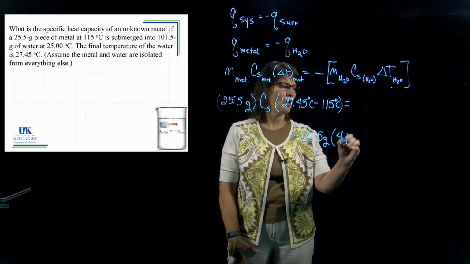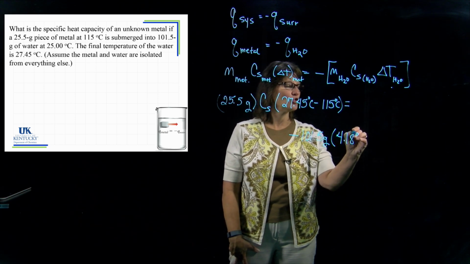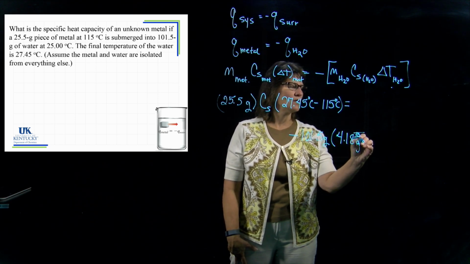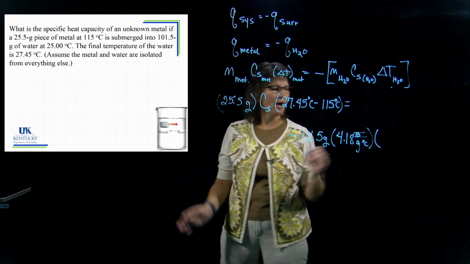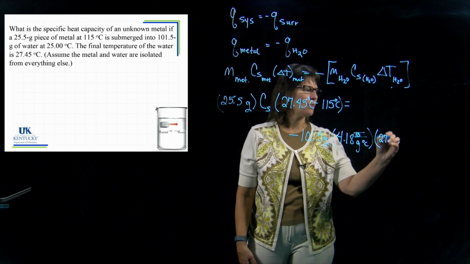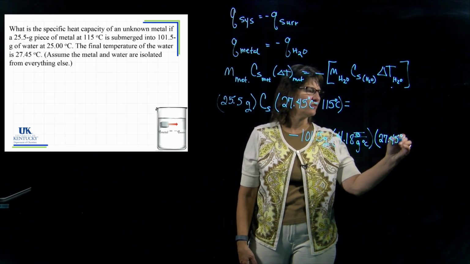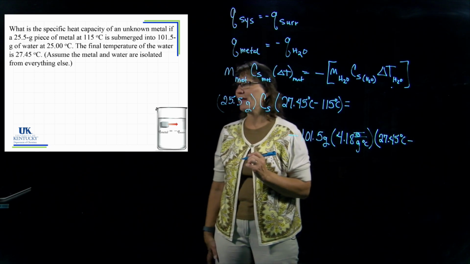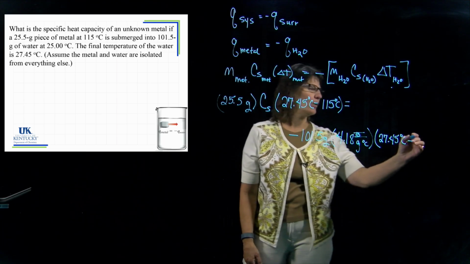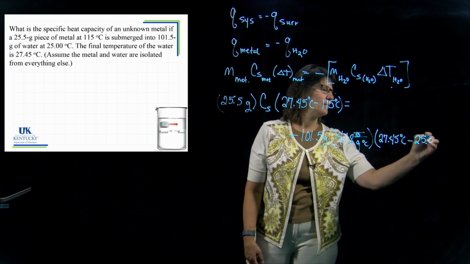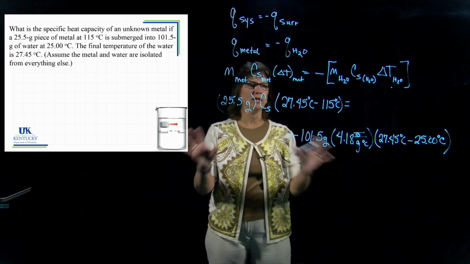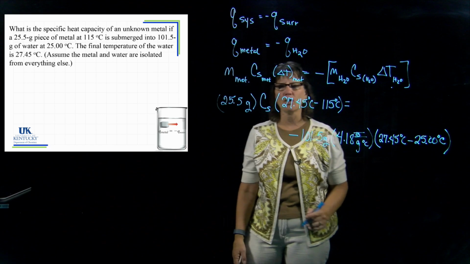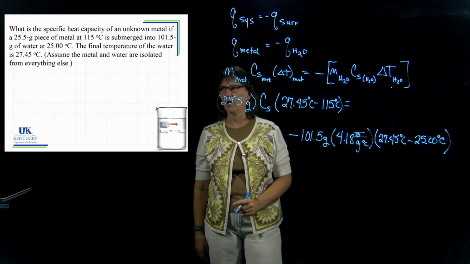It's 4.18 joules per gram degrees Celsius. And its change in temperature, well, it also finished up at 27.45 degrees Celsius. It started out as 25.00.